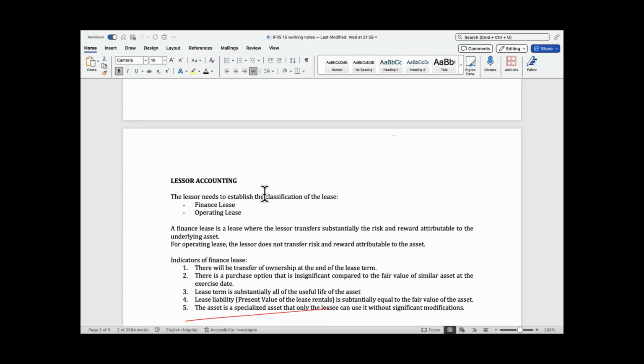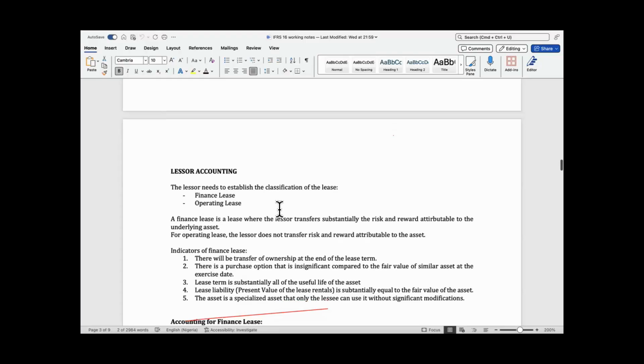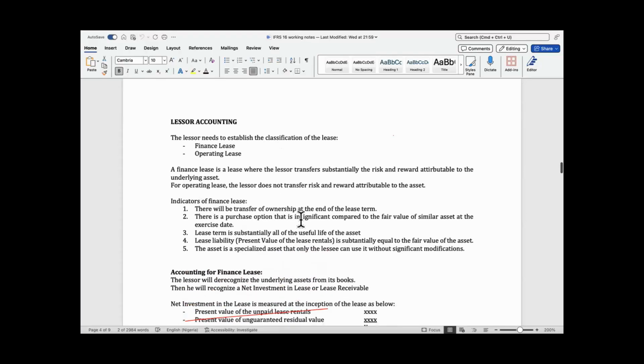After he has identified which lease he has entered into, then that will determine how he's going to treat this item. We said for him to know whether he has entered into a finance lease, there are indicators of finance lease, because for finance lease, it means that the lessor has transferred substantial risk and reward.